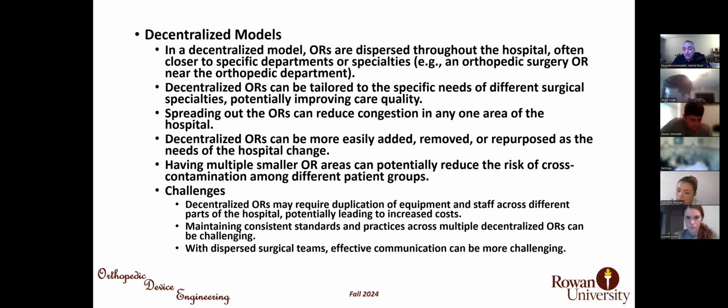For example, we have a department of orthopedic surgery. They have their own operating room attached to their ward, and general surgery has its own operating room, and ENT has its own. So we have several operating room departments in one hospital, each one dedicated to one subspecialty.